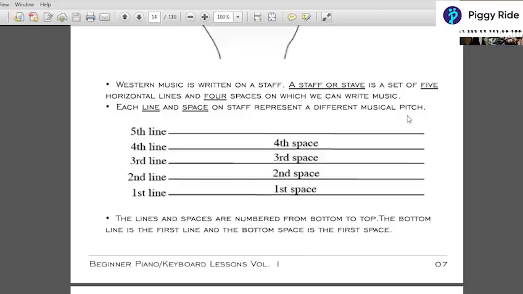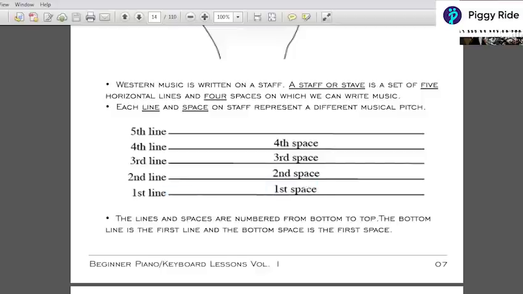Each line and each space on the staff represents a different musical pitch. And the second thing is the lines and the spaces are numbered from bottom to top. The bottom line is the first line, this one, and the bottom space is the first space.